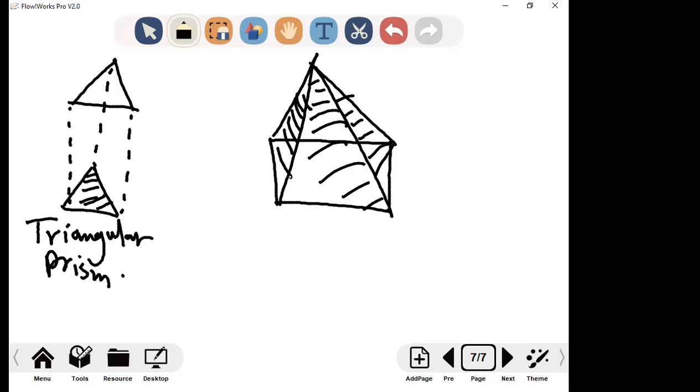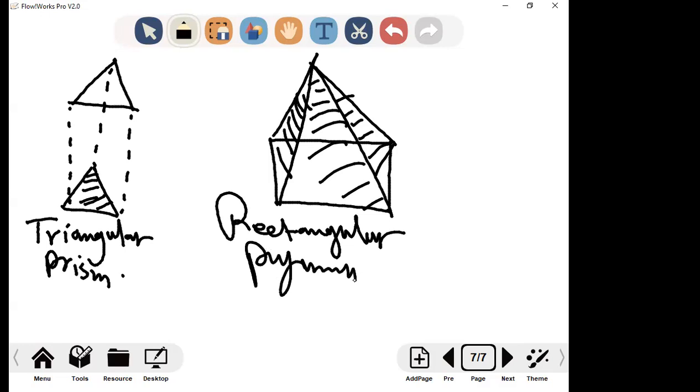So the base is a rectangle, the sides are triangles, and it has one base. So what do we call it? Rectangular pyramid. Done? Did you understand how we name it, how we know if it's a prism or a pyramid?